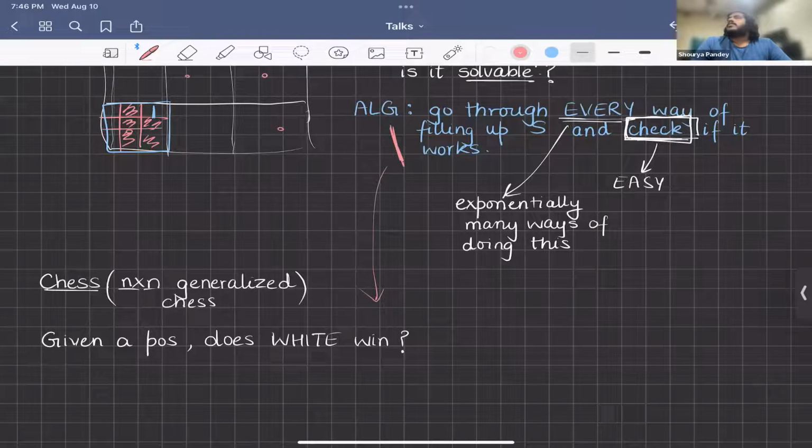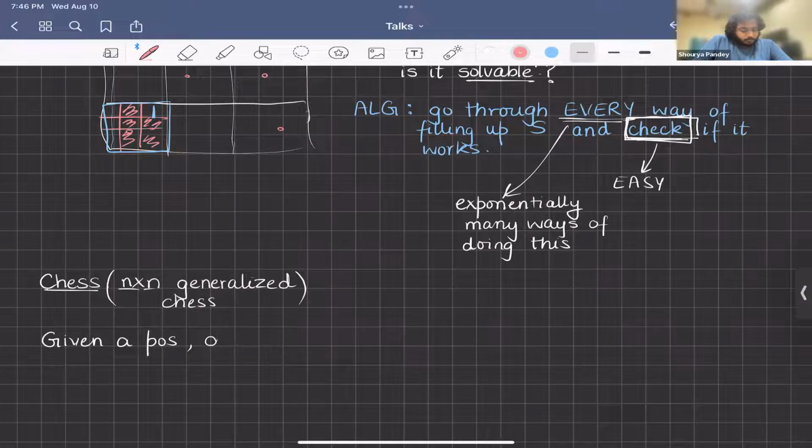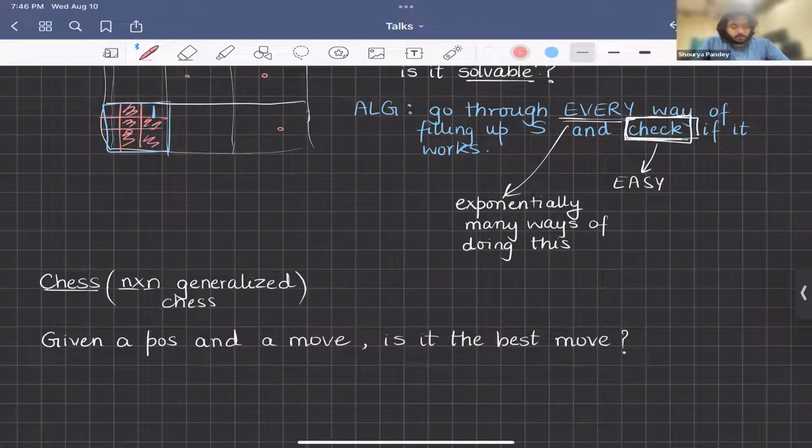Well, okay, so maybe let's think about the previous one. Is this move the best?